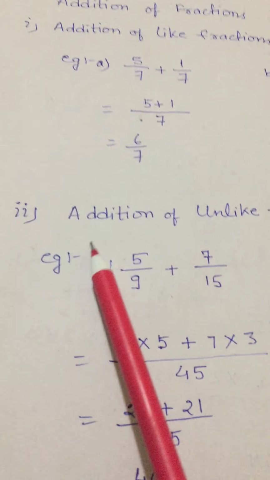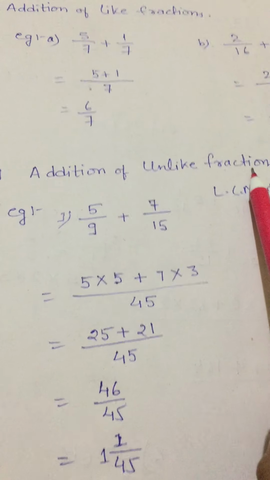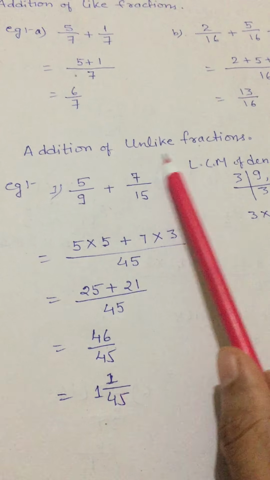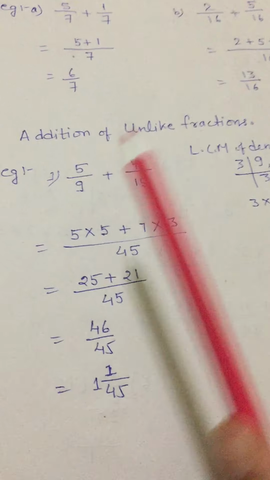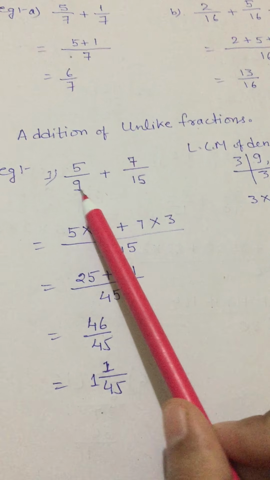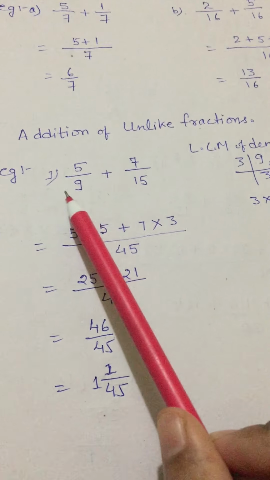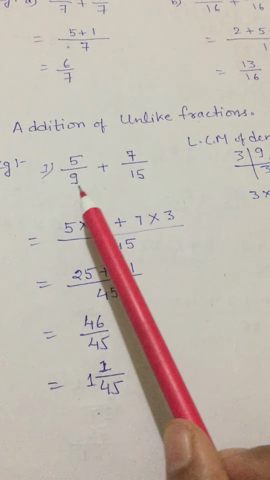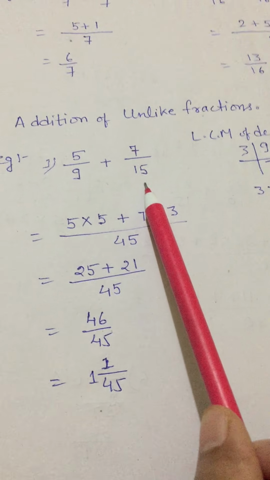Now see addition of unlike fractions, meaning unlike fractions in which denominators are different. First one is 5 by 9 plus 7 by 15. 9 and 15 both are different. So how will we add these two fractions?